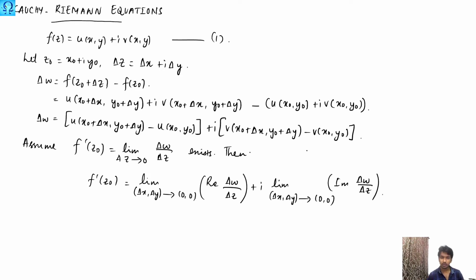Let us have this as equation 2 and this as equation 3. We know this limit exists, which means it has to be a complex number. If it has to be a complex number, then it can be written as real part plus iota times imaginary part.